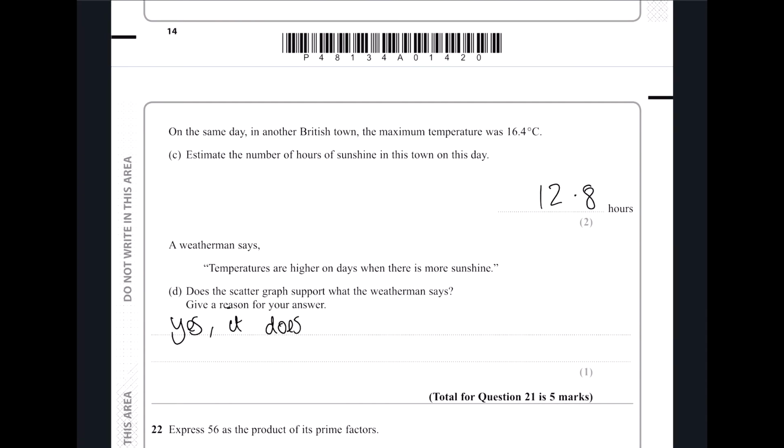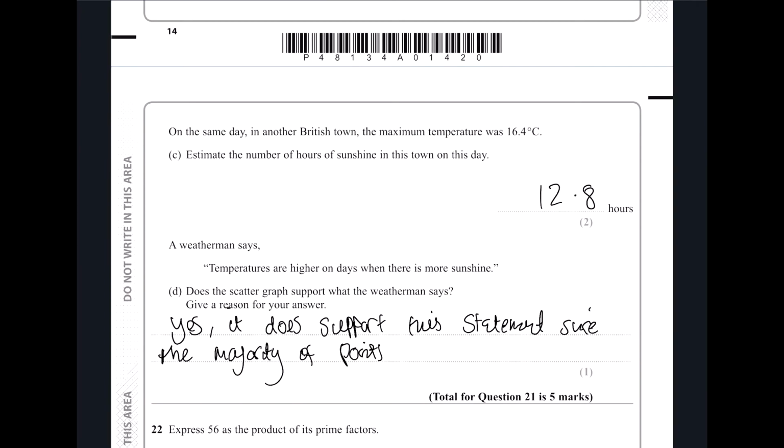It does support this statement, since the majority of points have a greater temperature when sunshine is more.